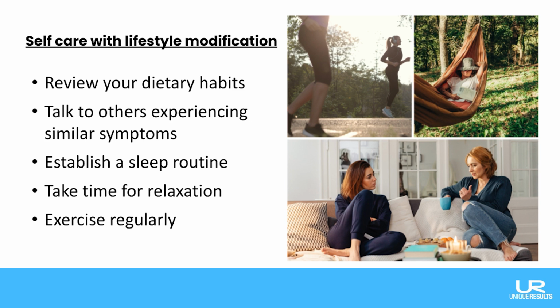We may just need to review those habits and make a few changes ready for our new bodies. It's helpful to talk to others who are experiencing similar symptoms or have already gone through those symptoms and through the menopause. The period of perimenopause, so as our body transitions, can on average take around 8 years. So it's something that doesn't happen overnight. We go through changes. You may find that those symptoms go up and down.